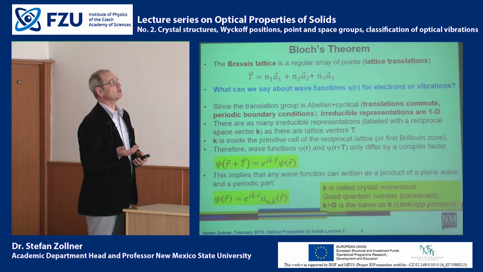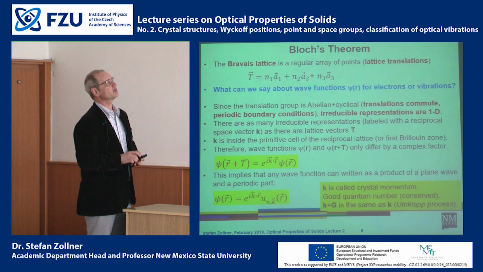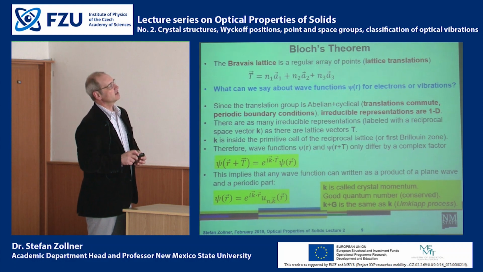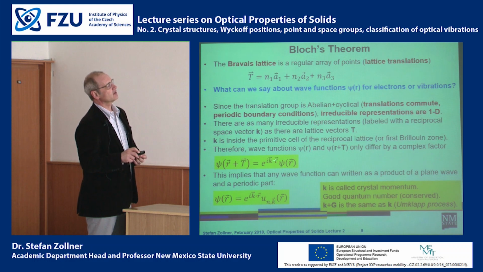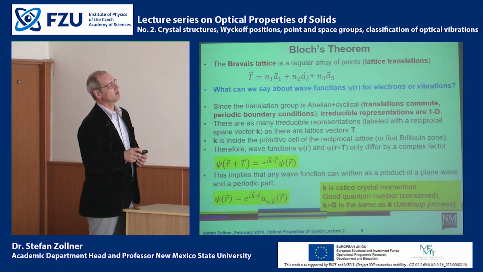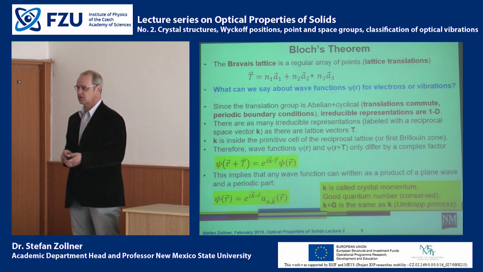The translational group is also cyclical because we introduced periodic boundary conditions, and therefore the phase factors are complex exponentials which look like this. So as an outcome of the translational invariance of the crystal, we can immediately see, based on the mathematical theory of representations, that the translated wave function is equal to the original wave function multiplied by e to the i k dot t, where k is a vector in reciprocal space.